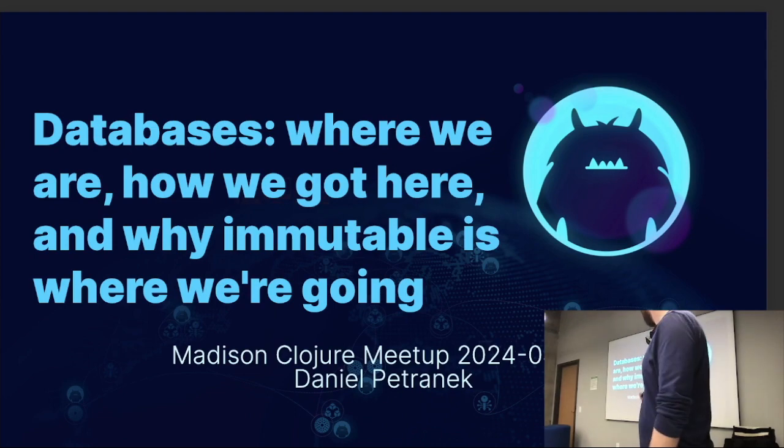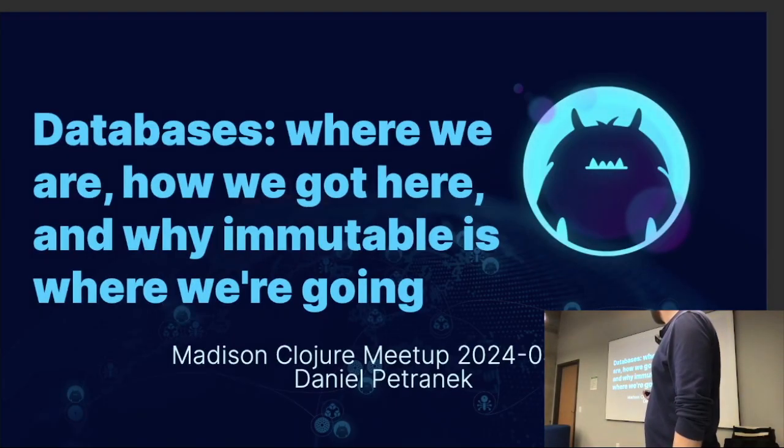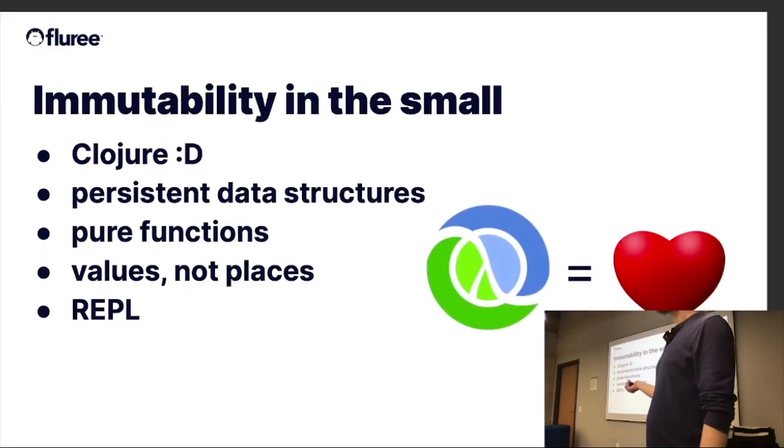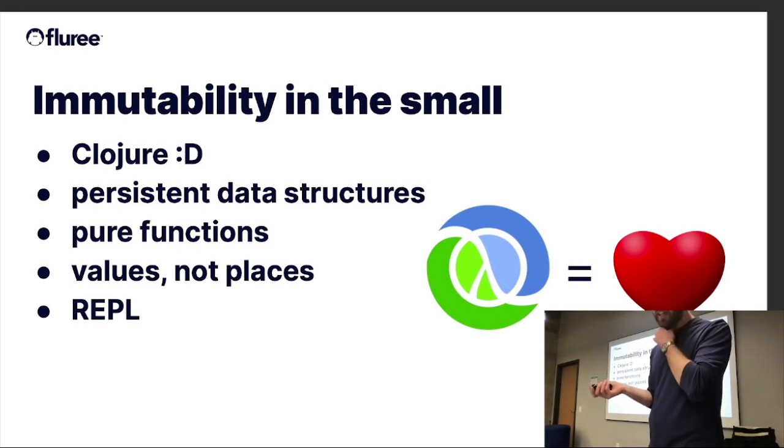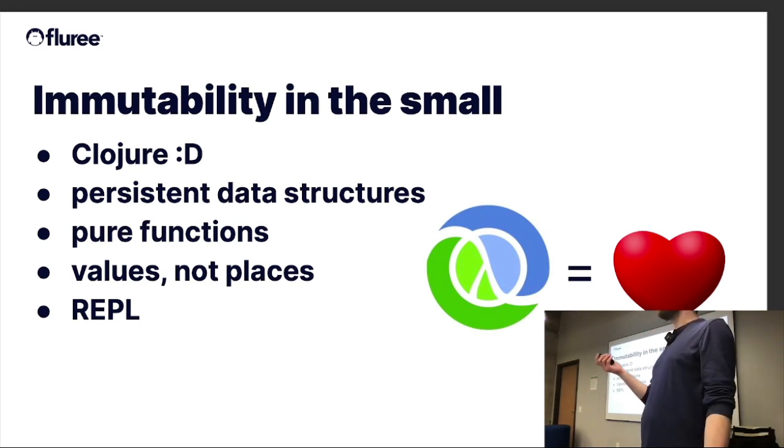I started learning Clojure in 2013, which is more than 10 years ago now. And I'm still impressed with how great immutability is. If you're new to Clojure, you may be surprised about how little mutation you actually need to make a good system.